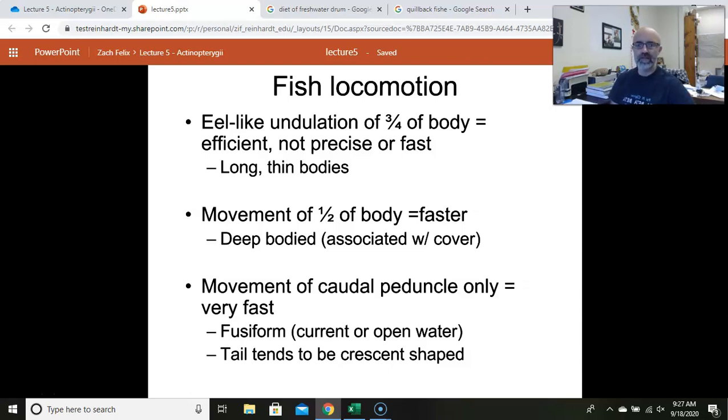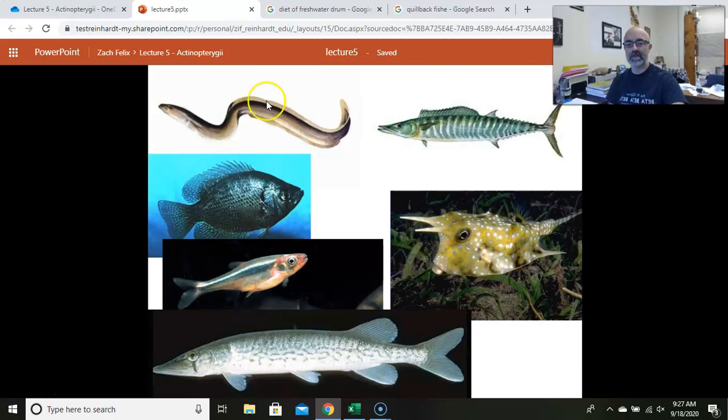So if you need a short burst of speed, then that's the best way to do it. And then the very fastest fish are the ones where not the back half of the body moves, but just the caudal peduncle moves. So some examples here, right? The American eel, again, this is the sinuous undulations.